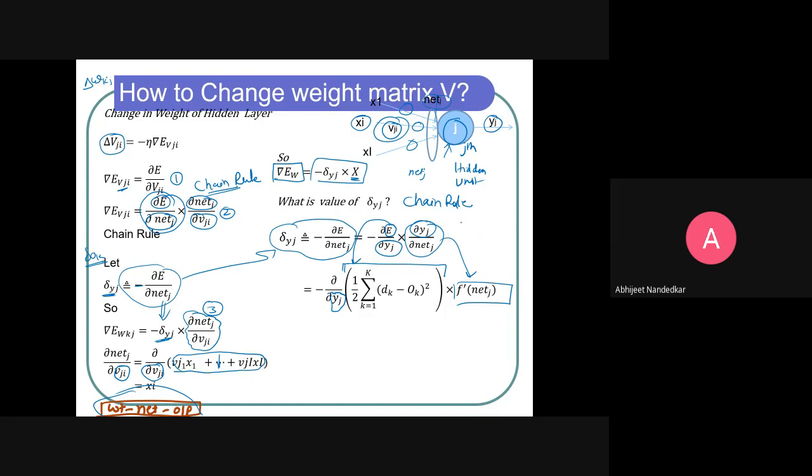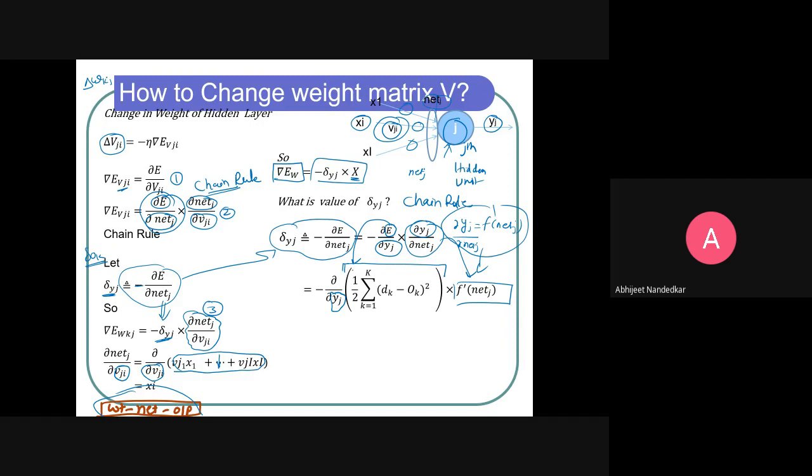Since yj is equal to a function of net j, if I differentiate this with respect to net j, this will be just f dash. So this is very simple. I can write this like f dash of net j.